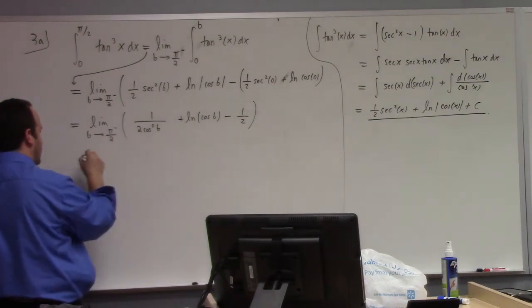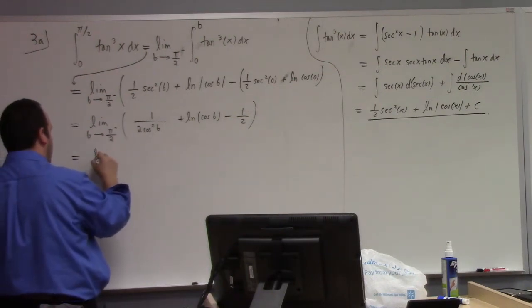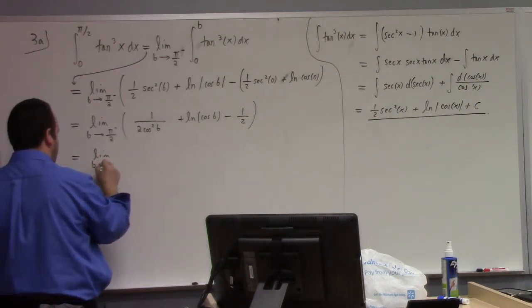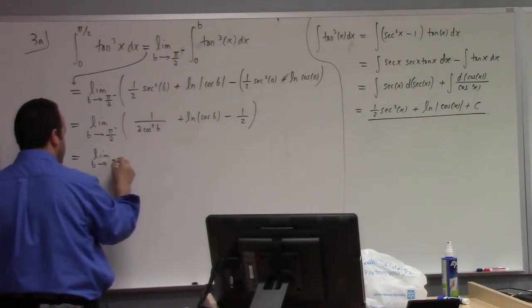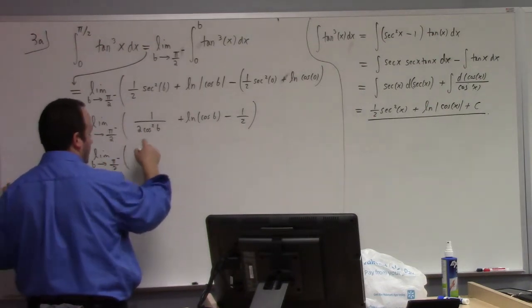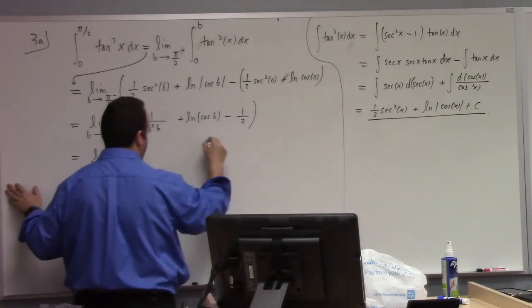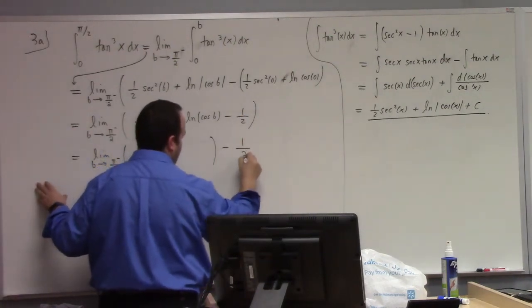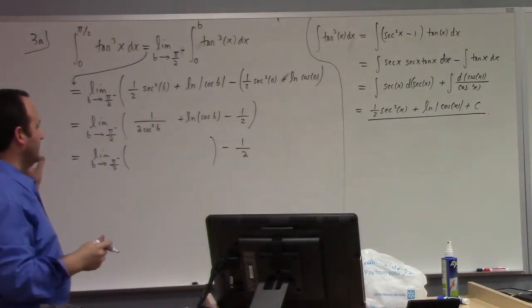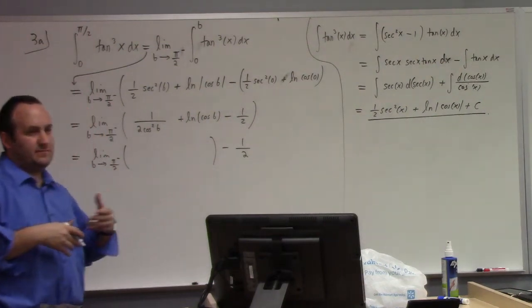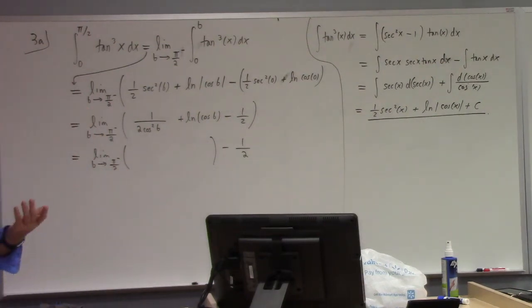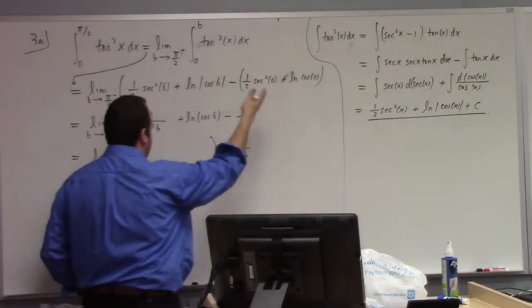So I'm going to make a little bit of a jump here and focus on this piece and pull the minus a half out. That may or may not be legit. If what I have left in here diverges, then I know that the net expression diverges, because this finite minus a half doesn't change the story.